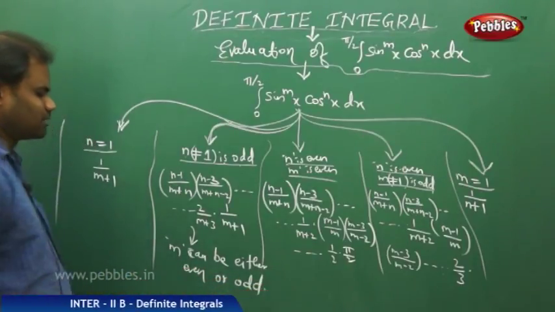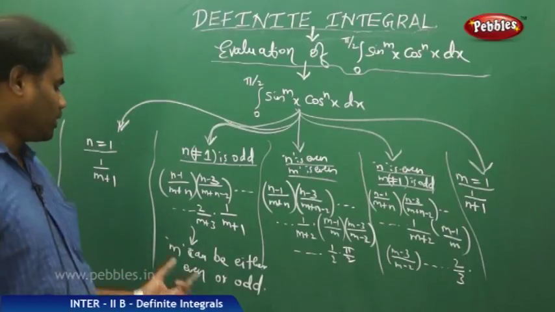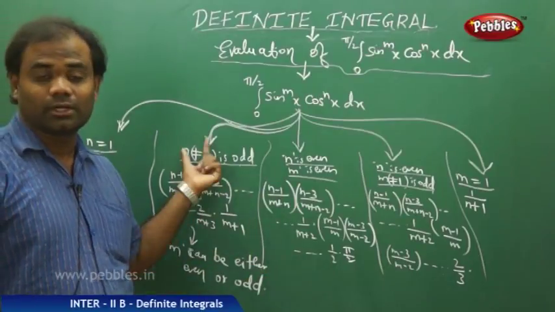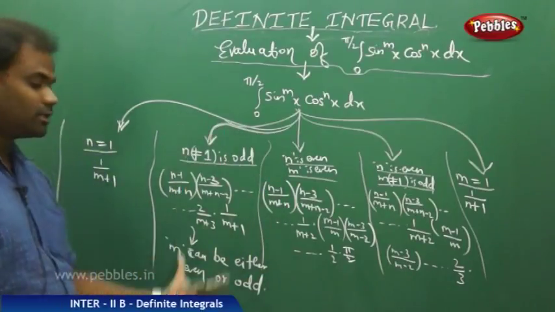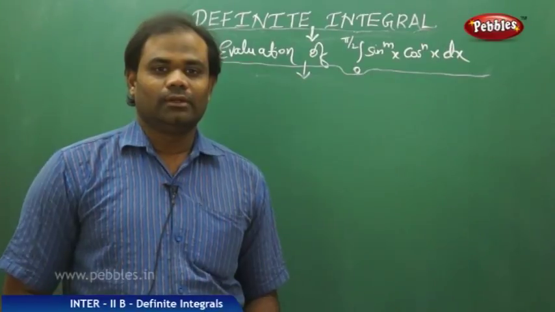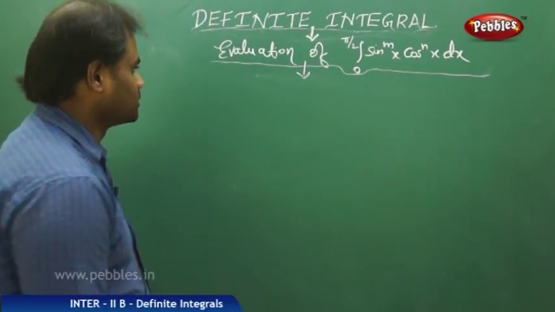It doesn't affect, the formula is the same for m being either even or odd, but n has to be odd and not equal to 1 is a special case in case of all the 5 cases considered out here. Now let's see some related problems connected with this.